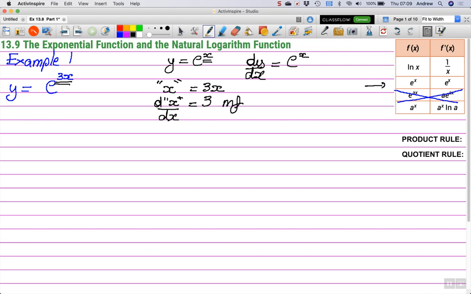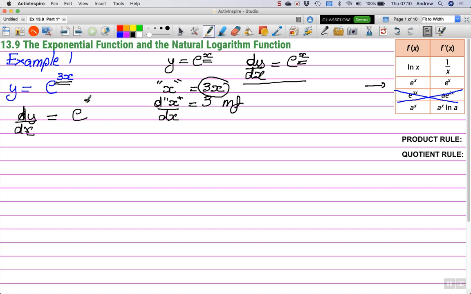So we're now going to apply the formula. So dy dx is equal to e to the power of x. Well, what does this power of x actually equal in the context of this problem? It equals 3x.